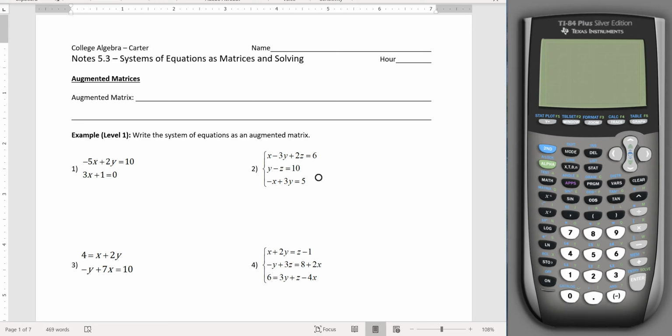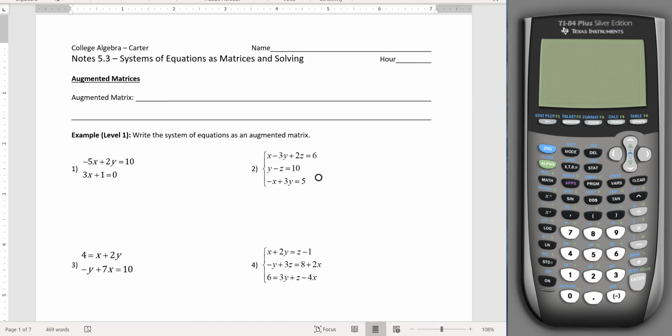Hello, and welcome to Notes 5.3, where we're going to draw the connections between matrices and systems of equations. The cool part here is that you can actually use matrices to represent systems of equations, and one way we do that is through an augmented matrix.